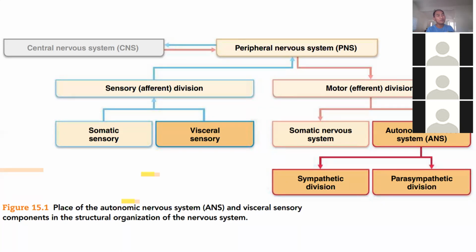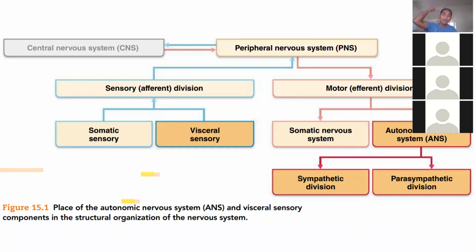And this autonomic nervous system will increase or reduce the motility of the gastrointestinal tract. The somatic motor system is our voluntary control, and this is for the involuntary control organs, and this is for the voluntary control organs.